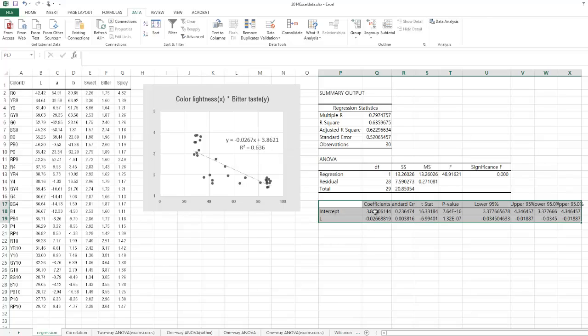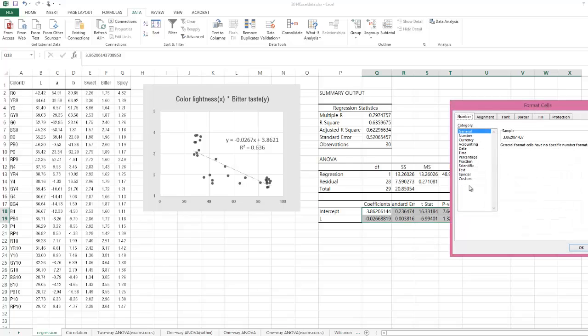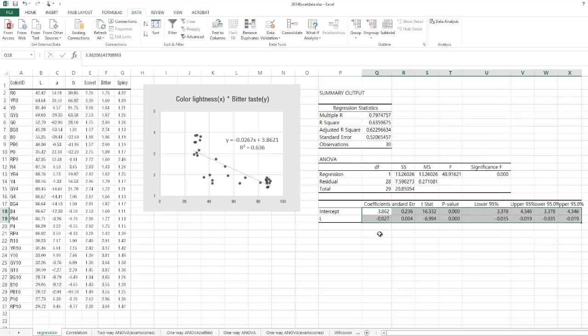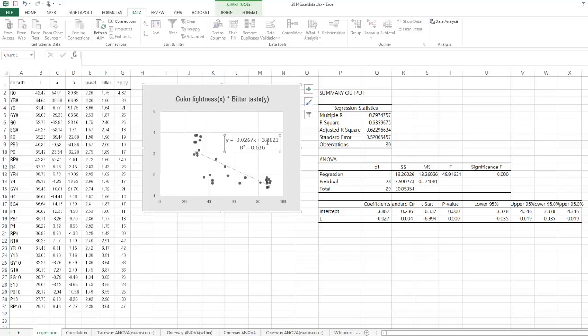And let's reduce the decimal points to 3. Okay, so here L is the lightness, and intercept is actually the alpha, which is identical with this, right? So this value is here.